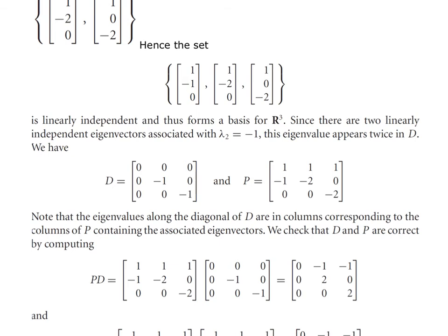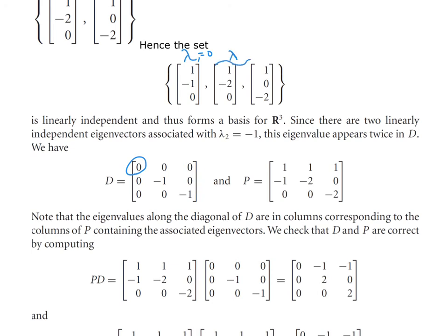my D matrix, these are my eigenvalues, 0, -1, and 1. And here's my P matrix. It is built by my eigenvectors. Again, these are my eigenvectors. This eigenvector was associated with lambda 1, which is equal to 0. That's why there's a 0 there.